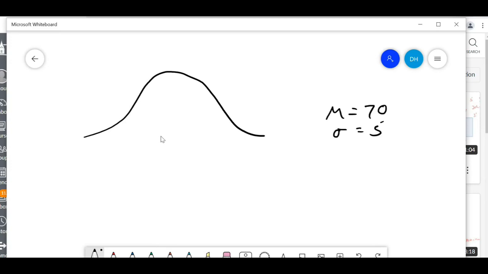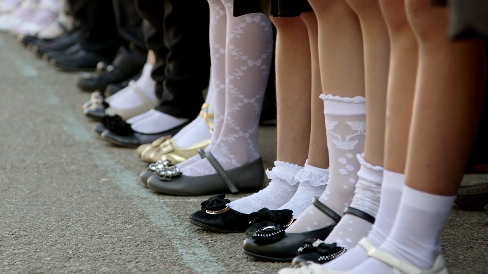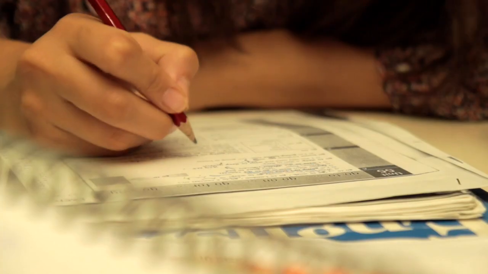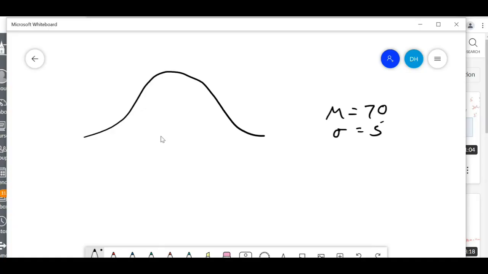And you go, well, I hear you, but that still doesn't sound very interesting. What do I need this for? Well, this shape happens all over the place. If I were to take all the students out to the front lawn and line everybody up by height, what I'm going to find is this shape. If I were going to take everybody's ACT score and stack them up in order, I'm going to find this shape.